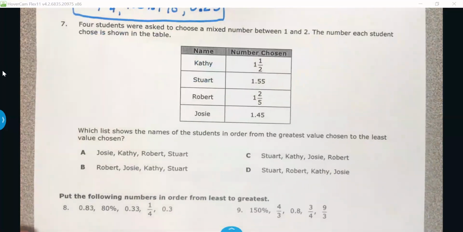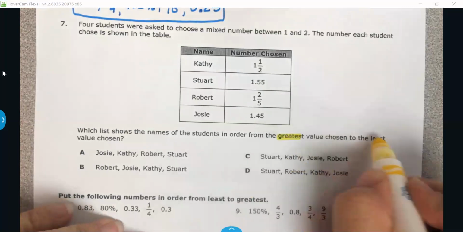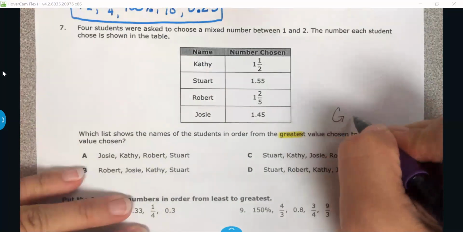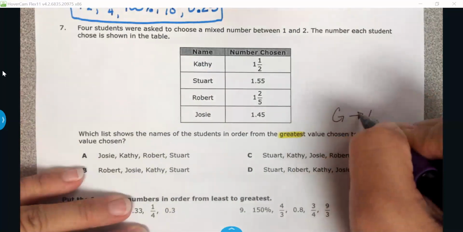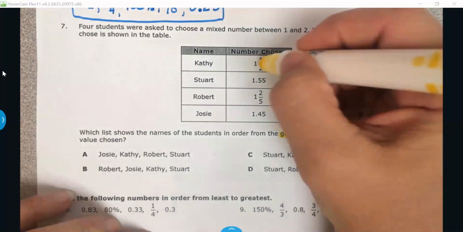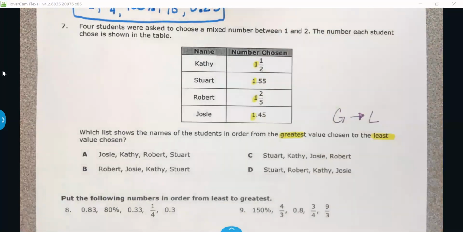Number 7 says 4 students were asked to choose a mixed number between 1 and 2. The number each student chose is in the table. Which list shows the name of the students in order from greatest value to the least value? So it's wanting greatest to least. The first thing I notice is that all the whole numbers are the same.